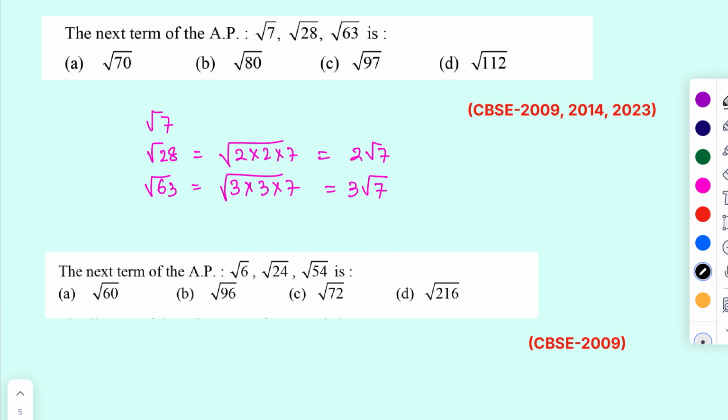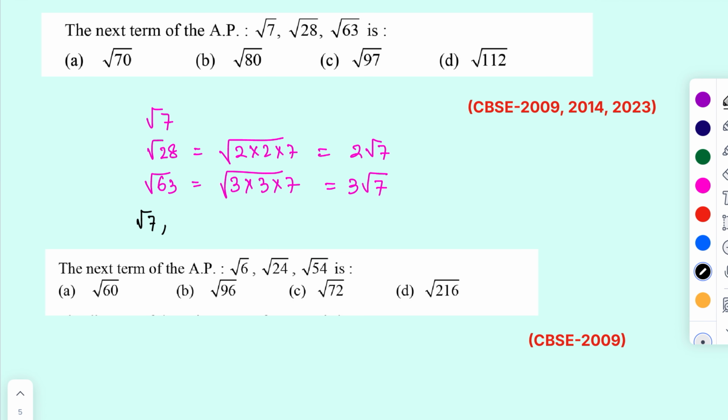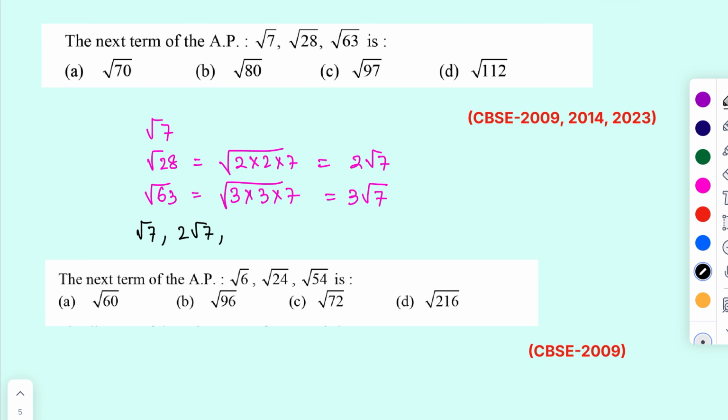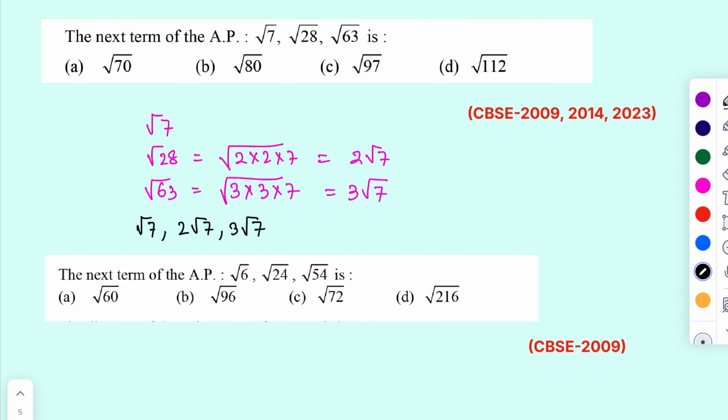Now here the series is: first one is root 7, second term is 2 into root 7, third term is 3 into root 7. So the fourth term will be equal to, in sequence, 4 into root 7, because here the first term a is equal to root 7, common difference d is equal to 2 into root 7 minus root 7, that is a2 minus a1.